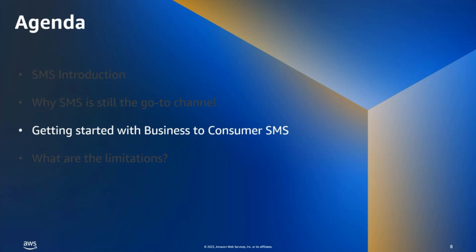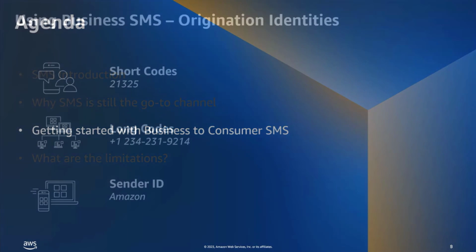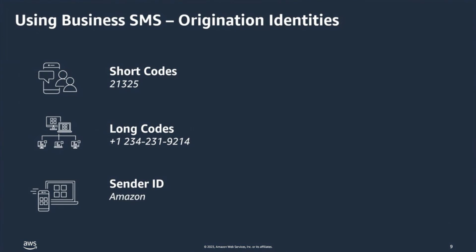So let's look at how we get started. We discussed earlier that most users expect to be able to just start sending SMS immediately, and it should just work. With business SMS, there is the requirement to obtain what's called an origination identity, or the from address that the SMS is sent from.